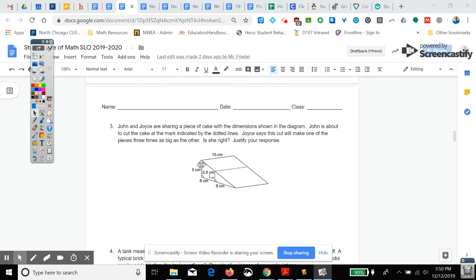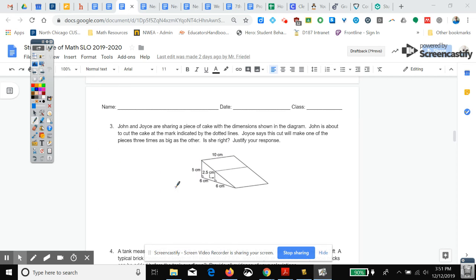It's on its side, but a trapezoid is a triangle cut in half. So that's a trapezoidal solid, and the area of a trapezoid, which should be written on the board, is base 1 plus base 2 times the height, and then you multiply by the length here.